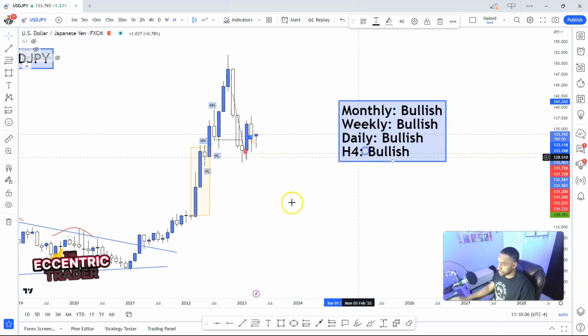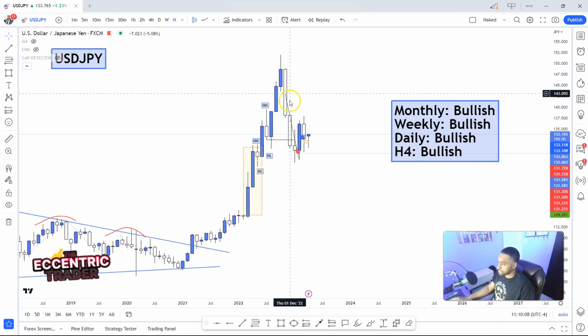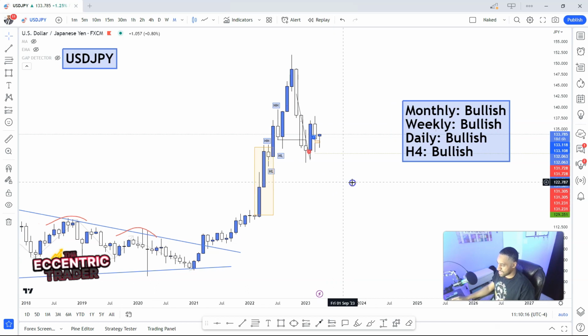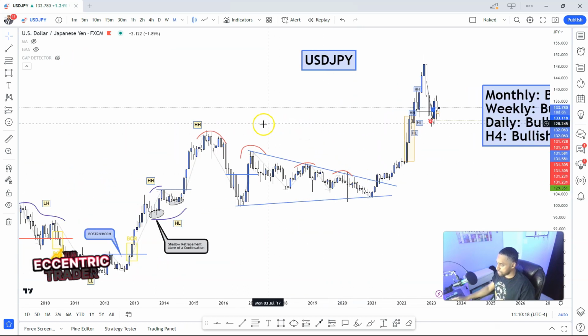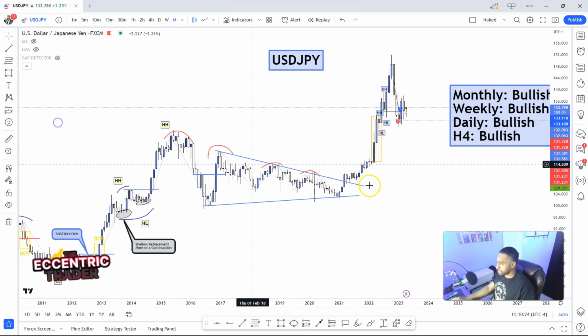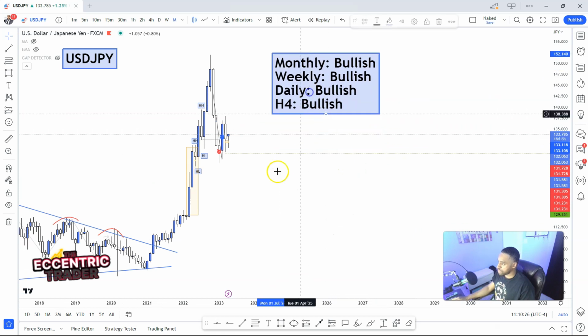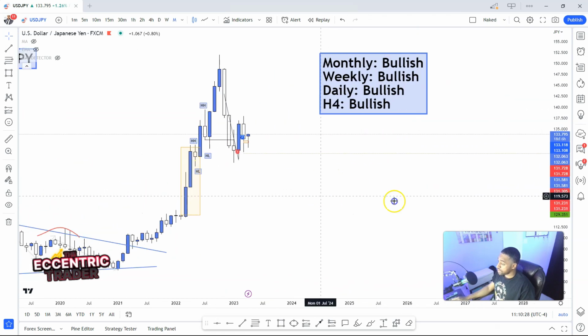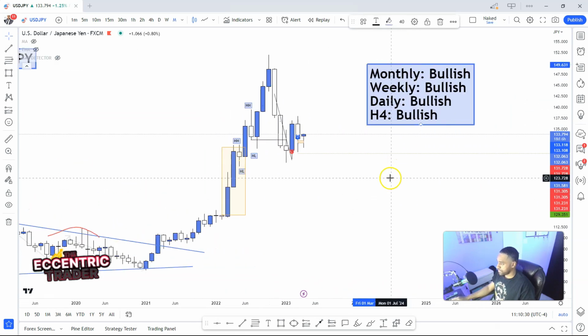So price came up and it came down to 127.334. It looks like it's testing an area of support somewhere, maybe here, maybe somewhere in the past. But currently price is testing newfound support on the monthly time frame.